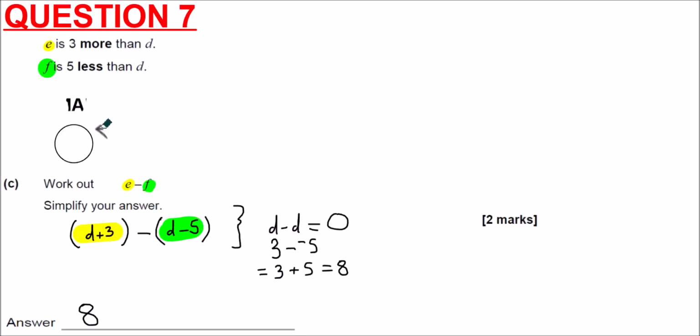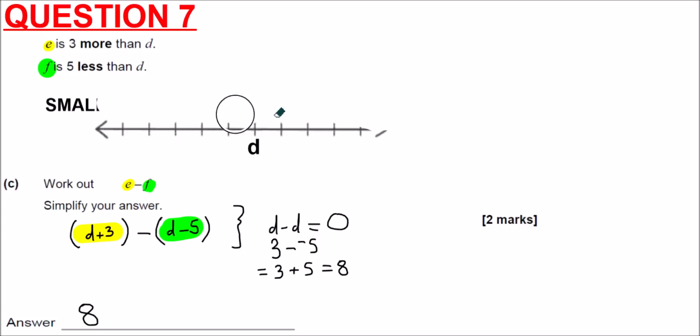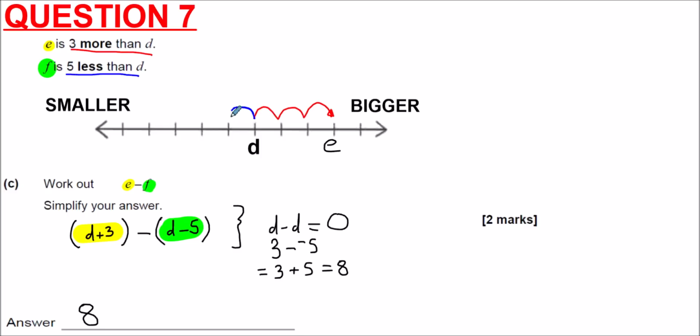Now in terms of a number line idea, which we saw for parts A and B, a number line makes it just much easier to visualize. So going back to what we had before, E was 3 more than D. So E is 3 to the right, which is here. Then F, which was 5 less than D. 2, 3, 4, 5. We worked out F would be down at this end.